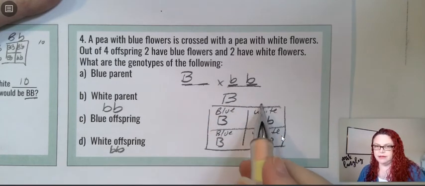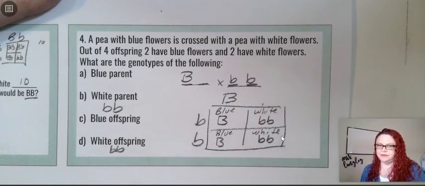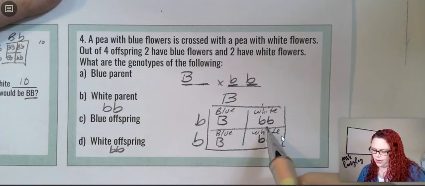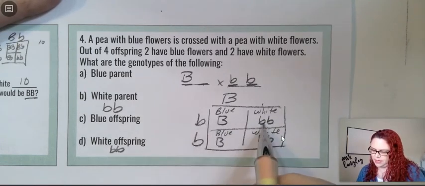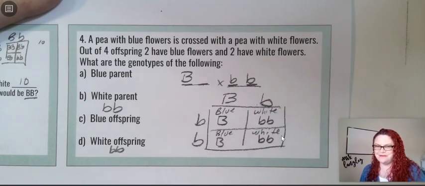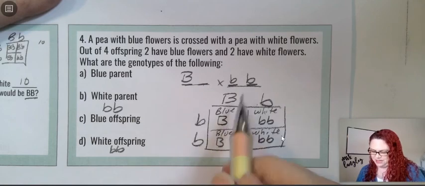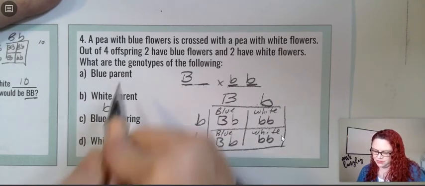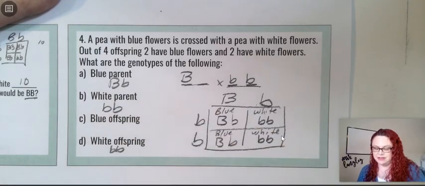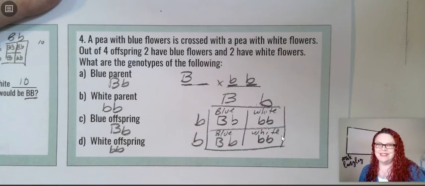I don't know what's here yet, but I know that the other parent is little b. Well, here I have white offspring, and they had to get 2 little b's, so they got a little b from this parent and a little b from this parent. I figured it out. Now, these got the big B from here and a little b from here. So we figured them out. So we know that the parent has to be heterozygous and the offspring is also heterozygous. It's just a puzzle.